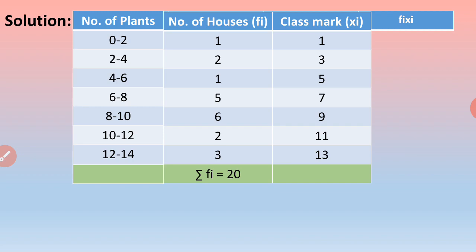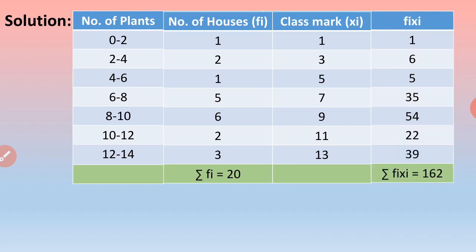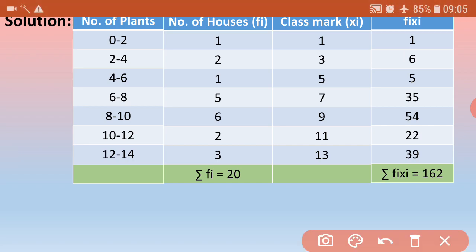The last column here is fi xi. That means product of the second and third column. 1 ones are 1. Multiplication of these two, 1 ones are 1. Then multiplication of these two, 2 threes are 6, and so on. This is how you are going to complete the fourth column.